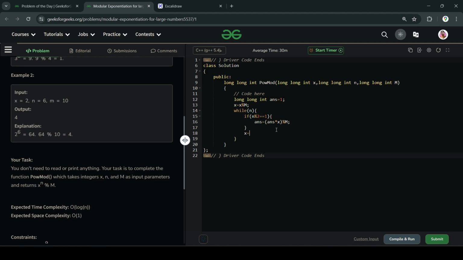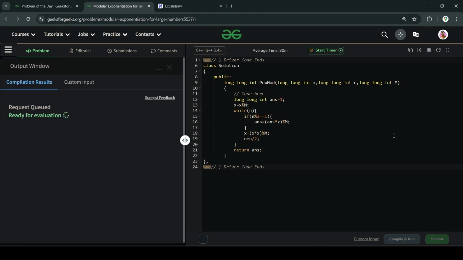Basically, x is equal to x into x, and obviously you have to use mod m here also. And we are dividing, so n will be n divided by 2. So this is the approach, and basically when n is 1, we include x in the answer variable. Let us return answer, and hopefully everything is correct.